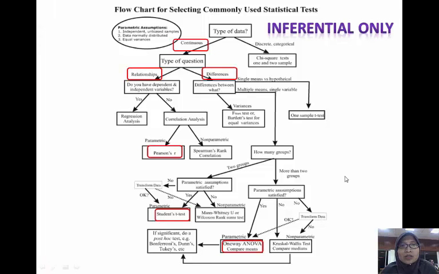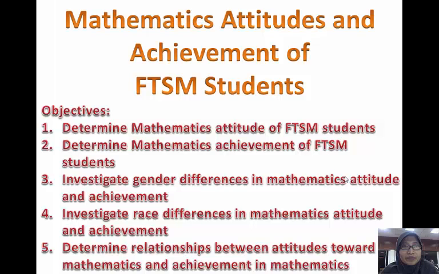So this is the flow chart for selecting commonly used statistical tests. I will explain it later in detail. This is how you can select the statistical test to analyze data using SPSS. This is for inferential statistics only.